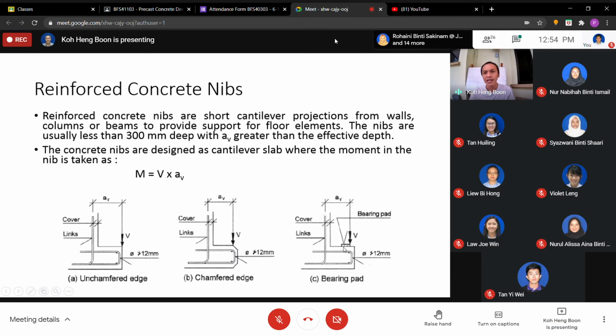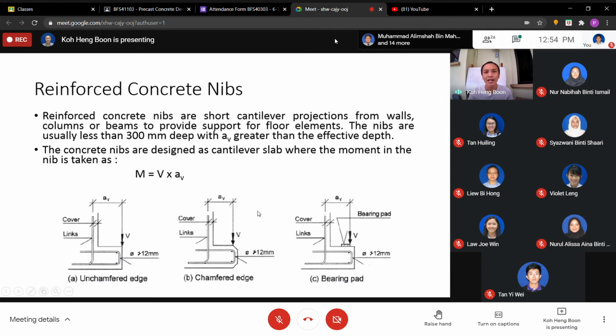If there is a bearing plate, we assume it's not at the center but at the outer part here, a bit conservative. However, in actual design, sometimes if you want to be critical and conservative, you can consider from the end here to get the moment.